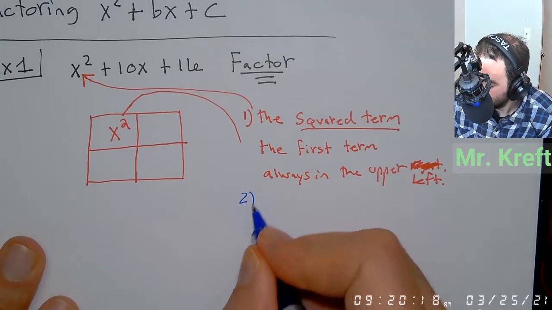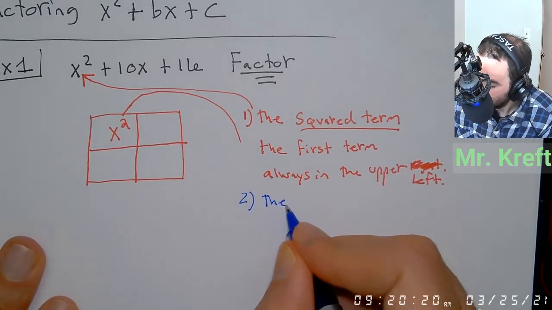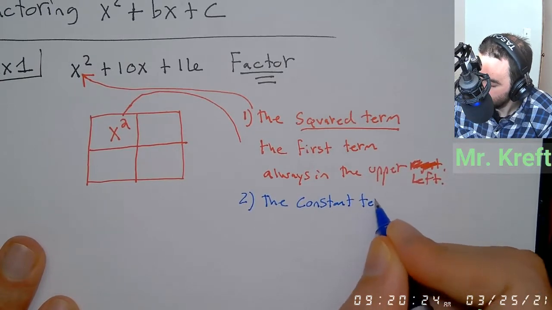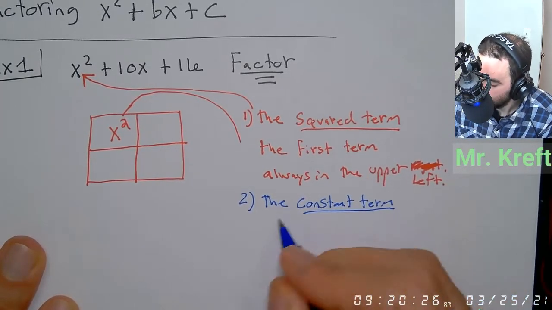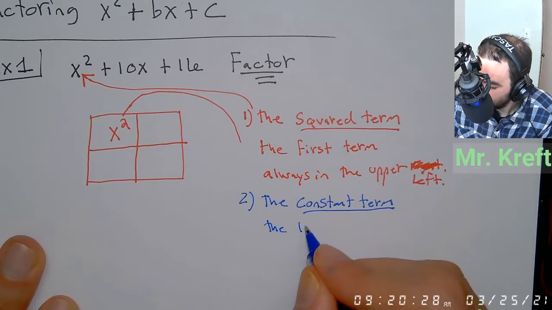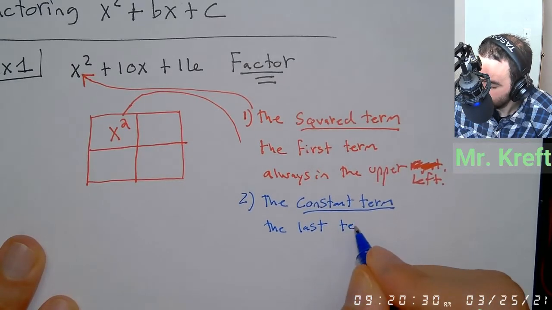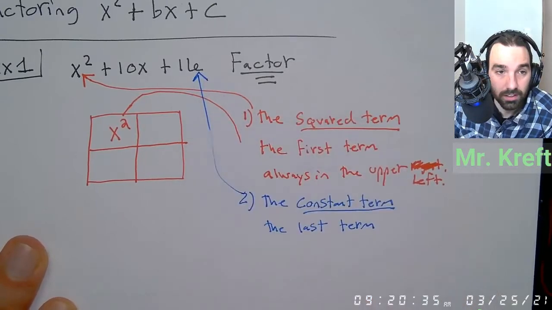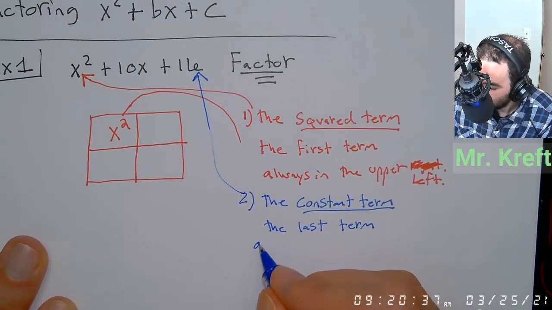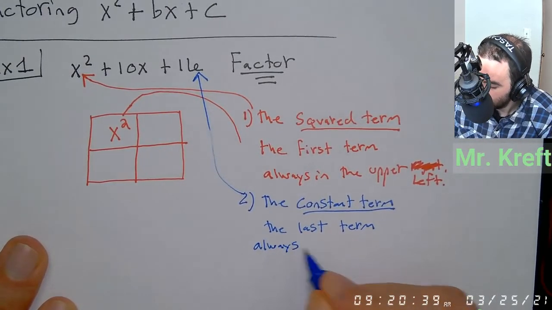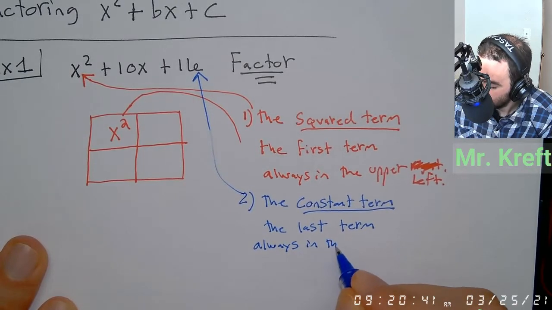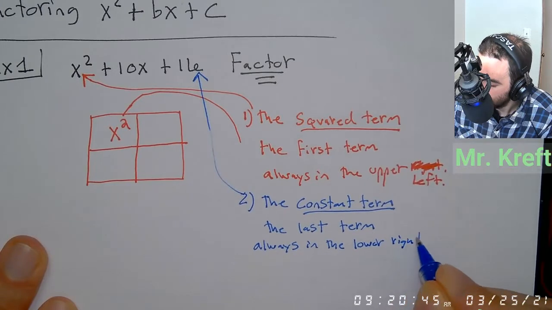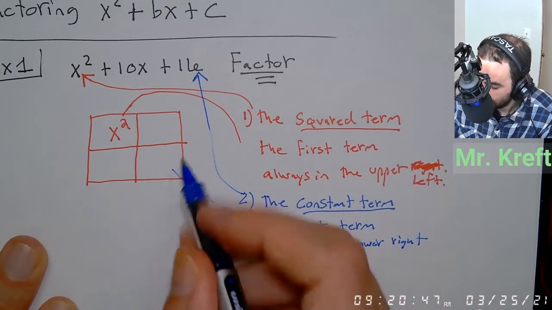And the constant term, or the last term, which is 16 in our case, is always in the lower right. So that's right here.